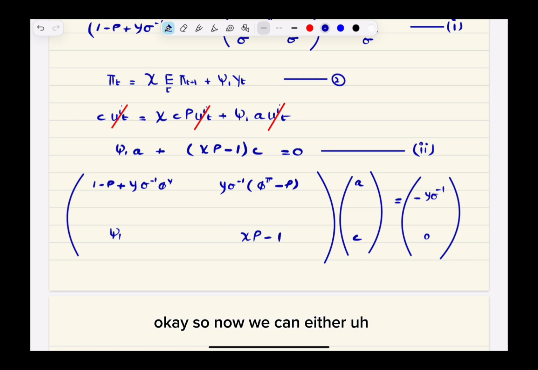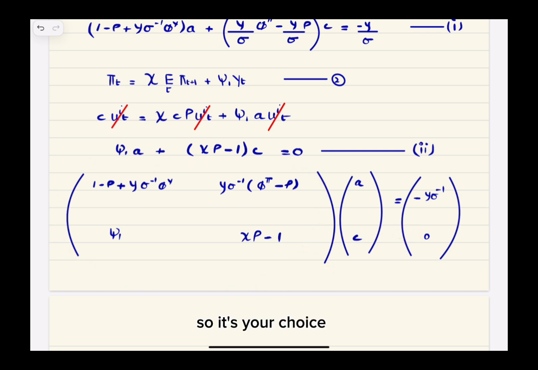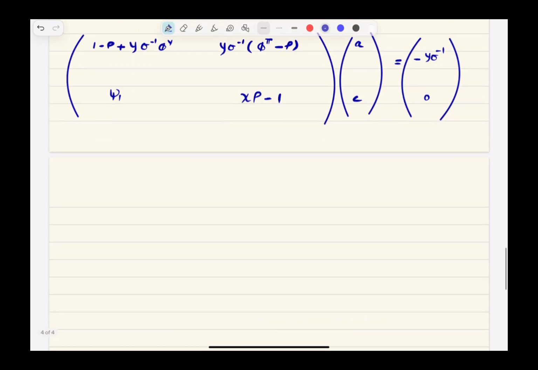Okay, so now we can either use Cramer's rule, or we can actually just find the inverse of this matrix and multiply it over there. So it's your choice. I usually prefer Cramer's rule because I'm very comfortable with it.